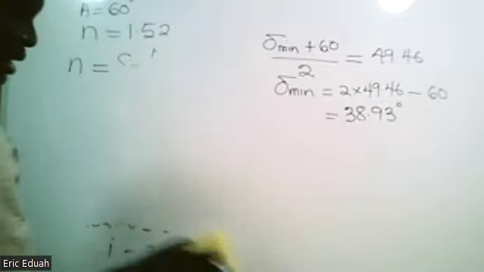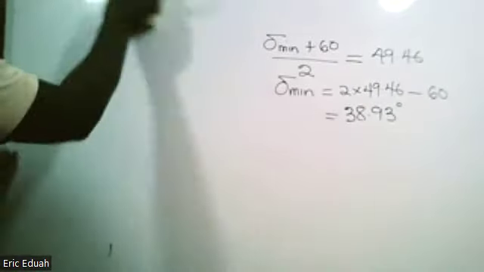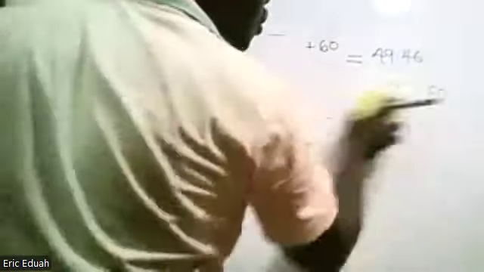The question can clearly state that it is at the minimum deviation or that the ray passes through the prism symmetrically. These are the statements which would inform you that we are talking about the condition of minimum deviation, when the ray passes through the prism symmetrically.